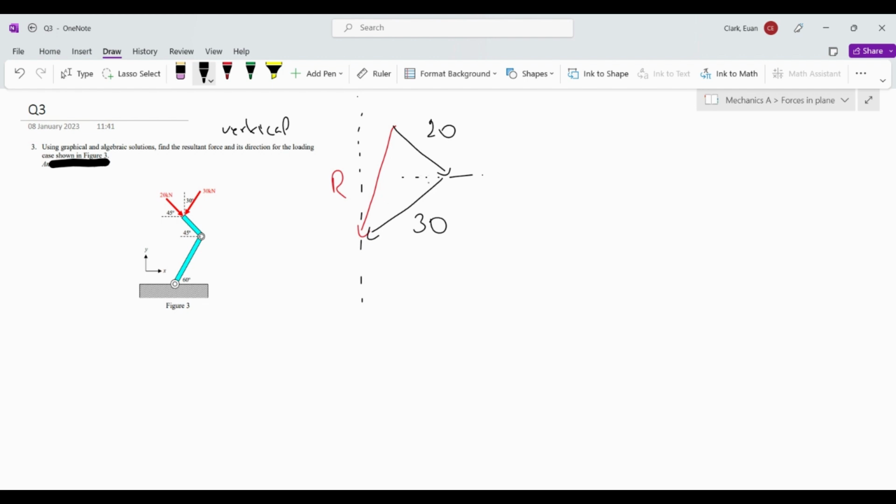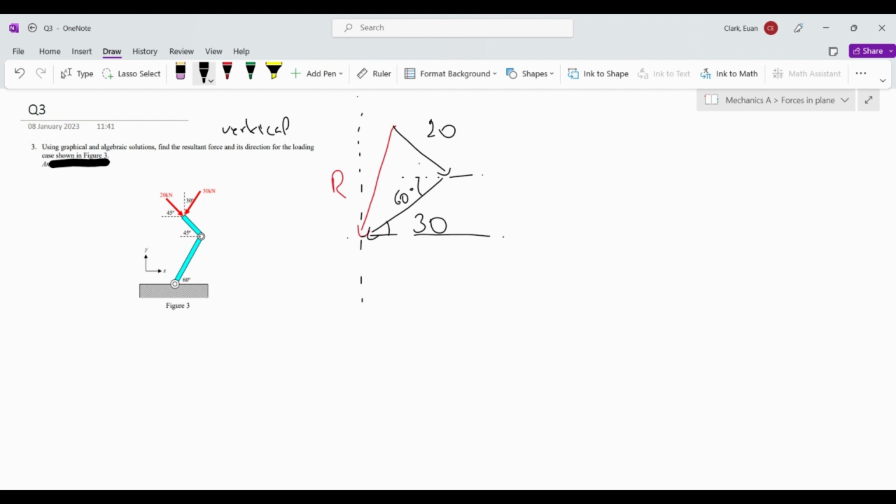From figure 3, we know there's 60 degrees between the horizontal and this pillar here. So this is 60 degrees. Using the angle rules and simple trigonometry, this is 60 as well.